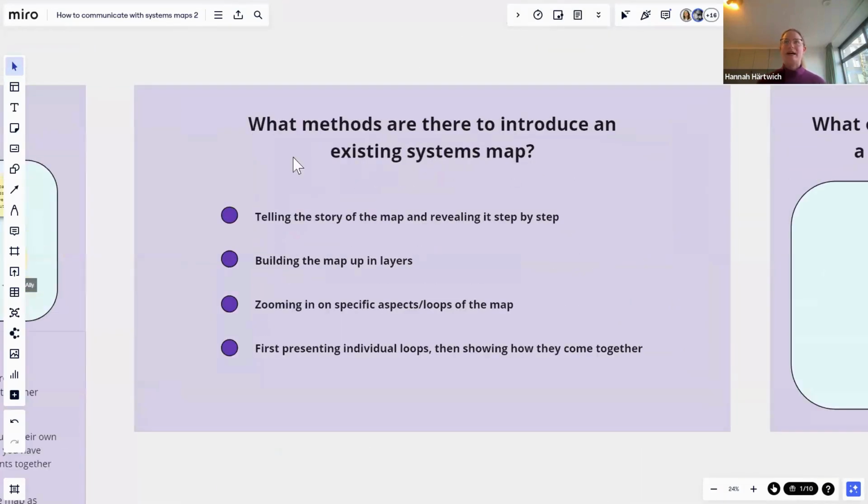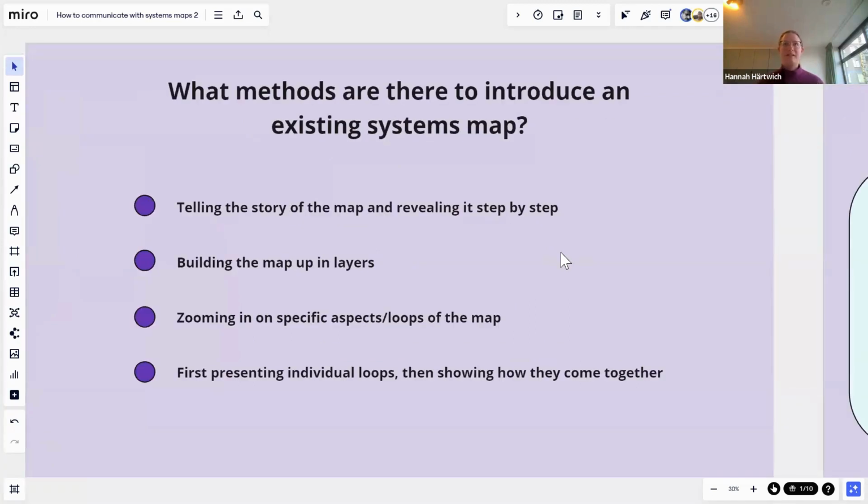If we have prepared a first draft of a systems map before we come into a workshop session, we also need to think about how we introduce people to this visualization. We can, for example, tell the story of the map, revealing elements step by step. Or we can build up the map in layers, with a core flow and then adding details from there.